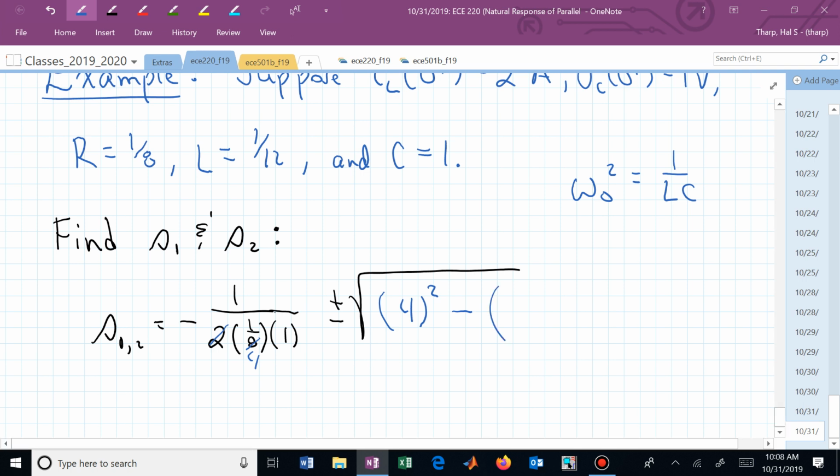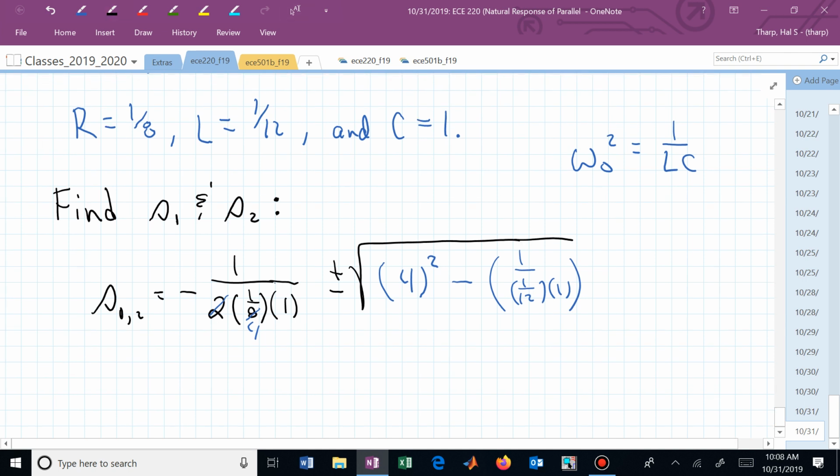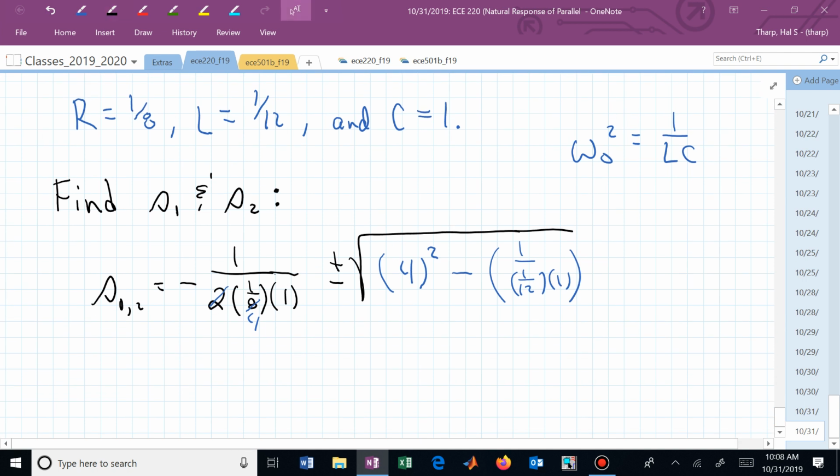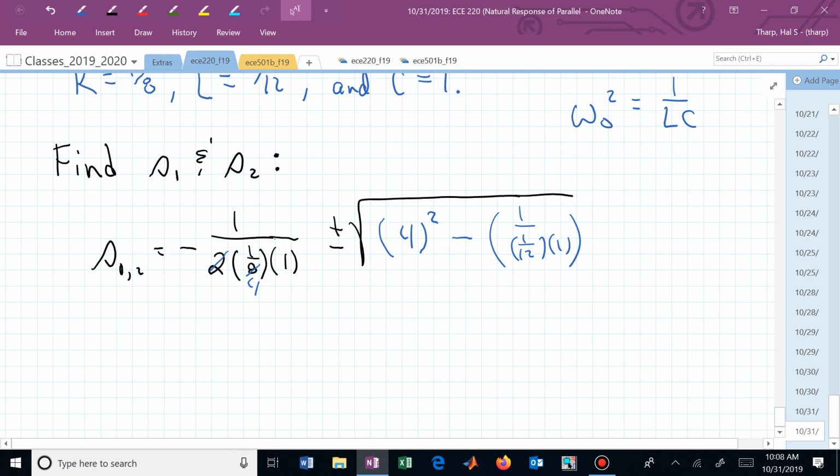That's what we're putting here, and C is 1. Now we can compute our roots, S sub 1 and S sub 2. S sub 1 and 2, we have a minus 4 for the first term, plus or minus the square root of 16 minus 12.